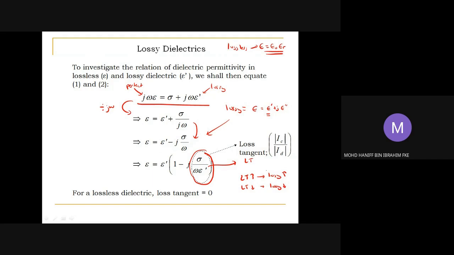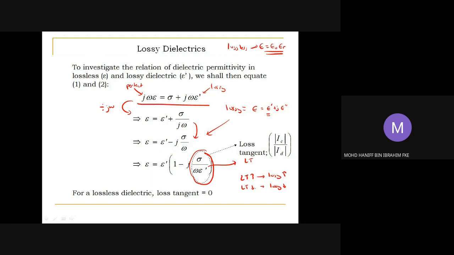It means that we are going to have a good dielectric, which means that the loss is smaller if the loss tangent is small. I hope you understand what I meant by this loss tangent.